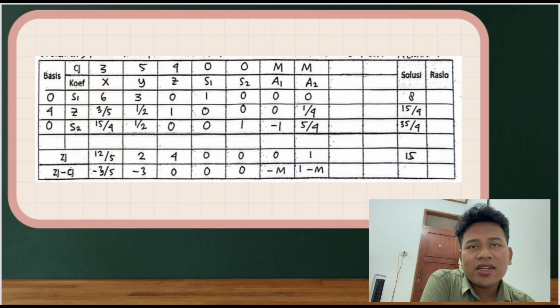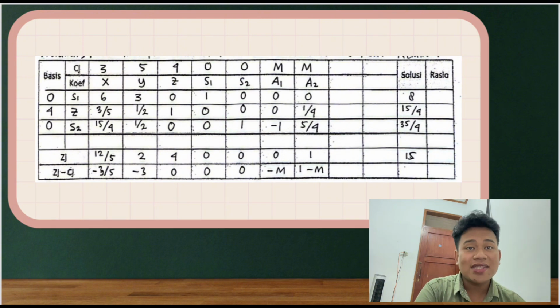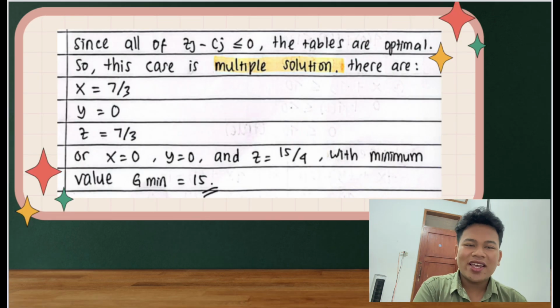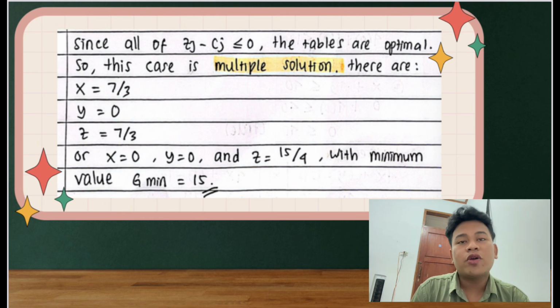In the third iteration, this table is optimal because zj - cj ≤ 0, since this is the minimization case. So since all zj - cj ≤ 0, the table is optimal.